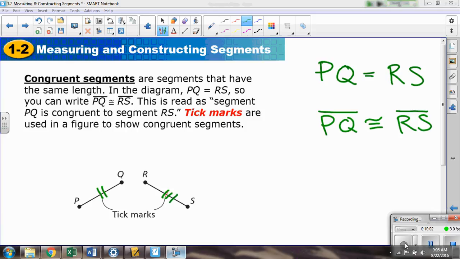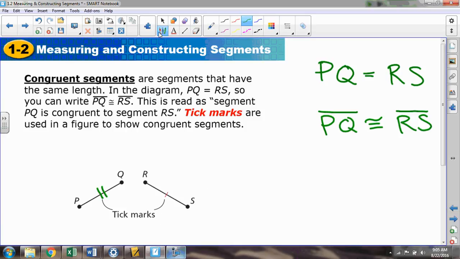But if they have unmatching number, like 2 matching with 3, we don't know that they are the same. Or we could simply have here 1 tick mark on the right, 2 tick marks on the left. We don't know that they would be the same then. These tick marks are a way of communicating with each other, letting us know when things are the same or not.